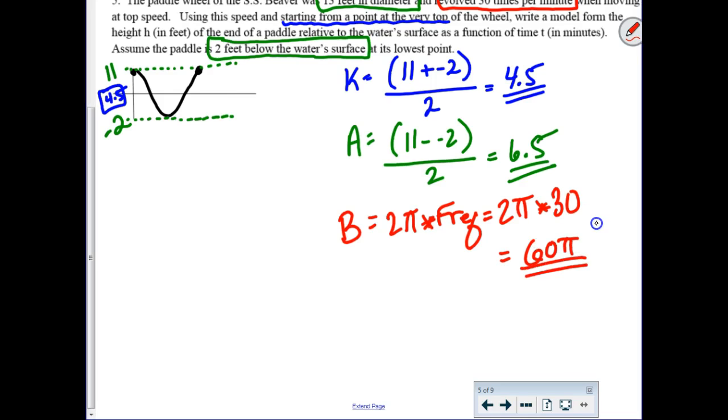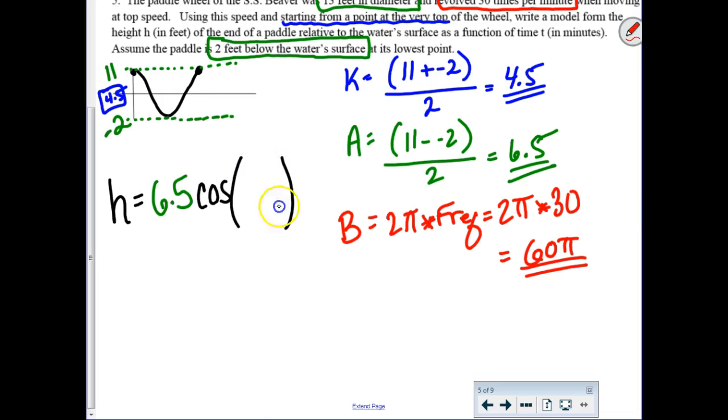Guys, I think we're ready to do this. A while ago, you guys talked to me about this being cosine because it starts at the top. They do that weird thing again where they want you to use h, so let's call it h equals, okay, amplitude first, which was 6.5, good. And then you said it's a cosine because it starts at the top.